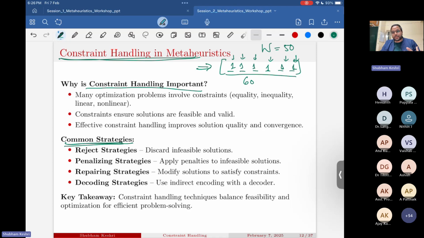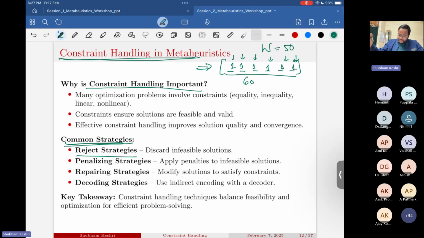But suppose the problem is just to find a feasible solution. I'll not give an example right now because it becomes confusing. In that case, finding a feasible solution becomes difficult, and those problems have different ways of handling it. We are here to see how to handle constraints.